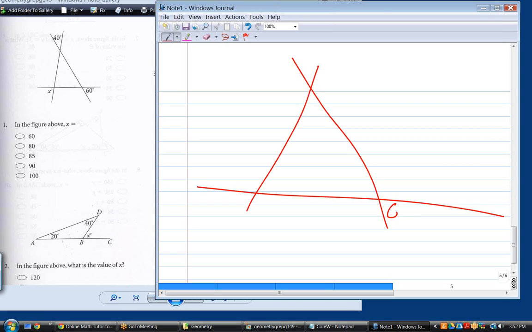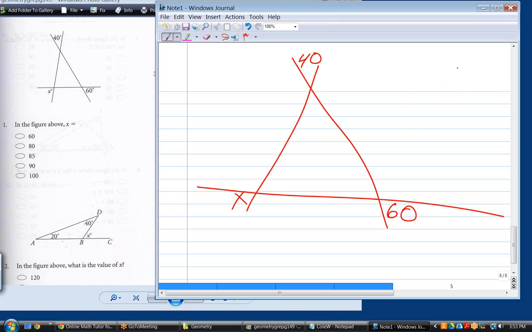So they've told us this is 60, and this is x, and this is 40. And they want to know what x is. Any ideas? No clue. Well, go back to that vertical angle theorem.